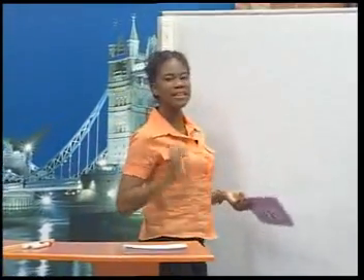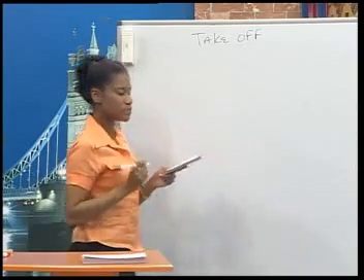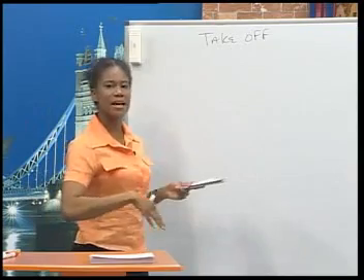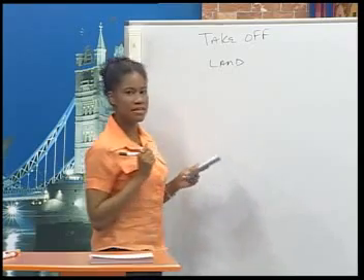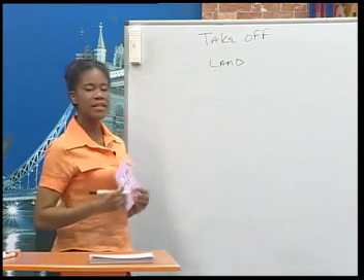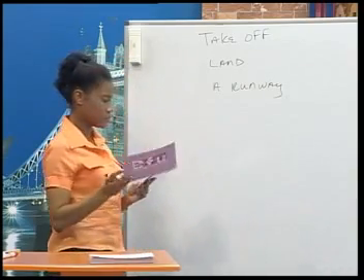So when an airplane leaves, it takes off. Take off. And when an airplane comes down, it lands. Land. An airplane takes off and lands on a runway. A runway.